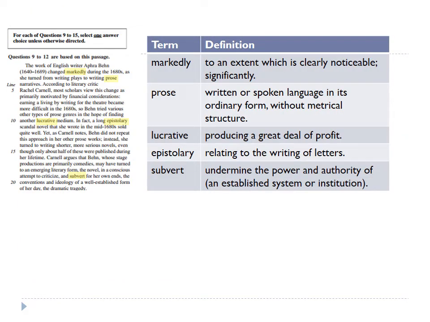All right. The next questions were based on a passage.